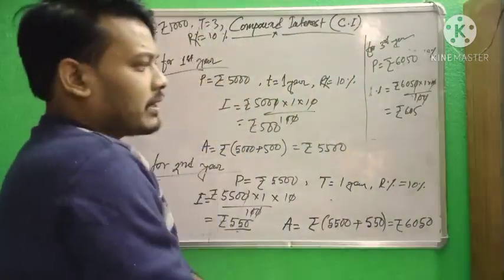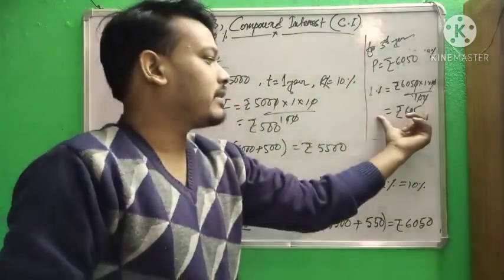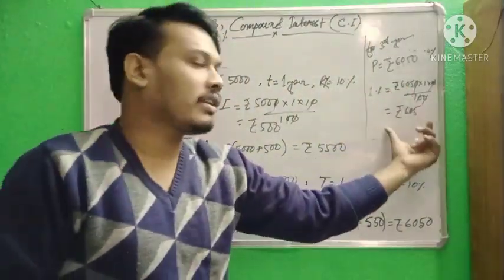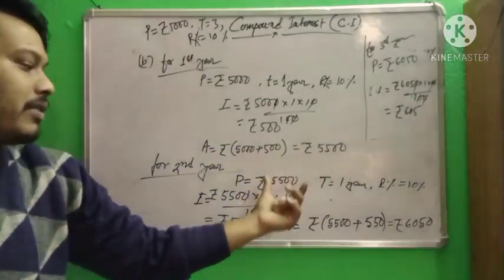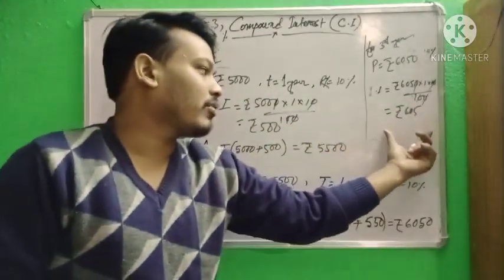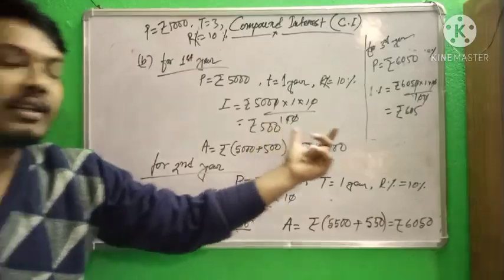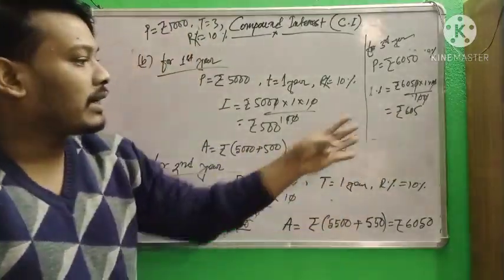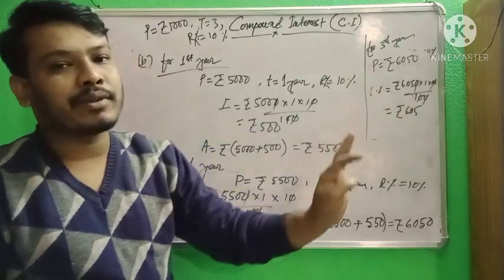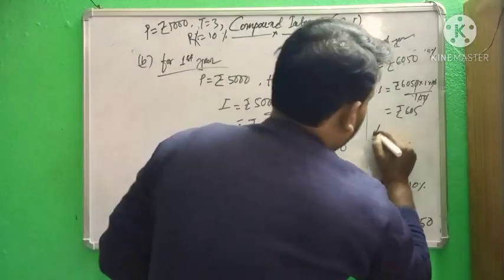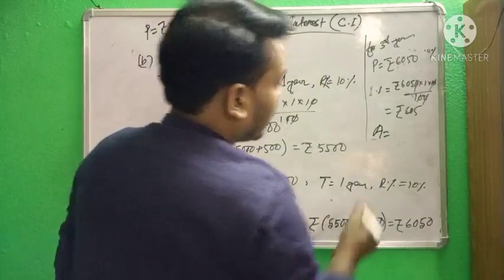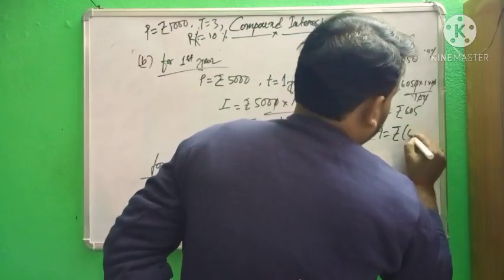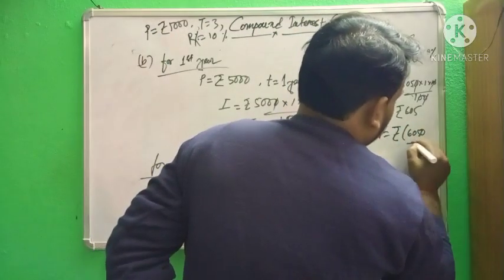This is the interest calculated in compound interest. And the amount after 3 years is 6050 plus 605.